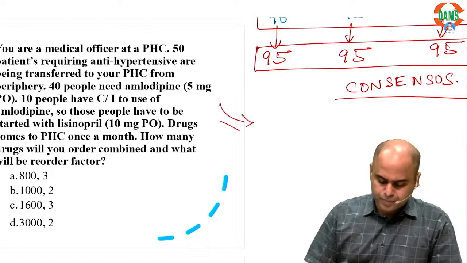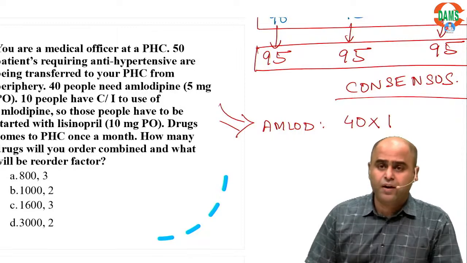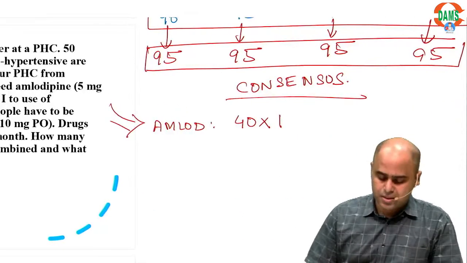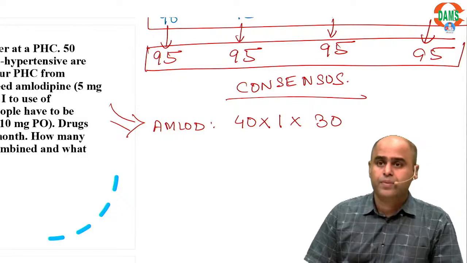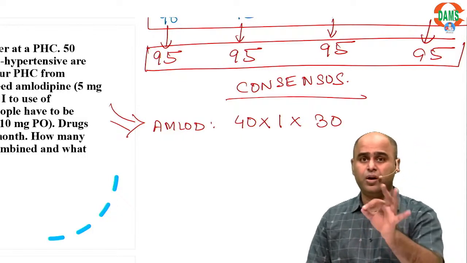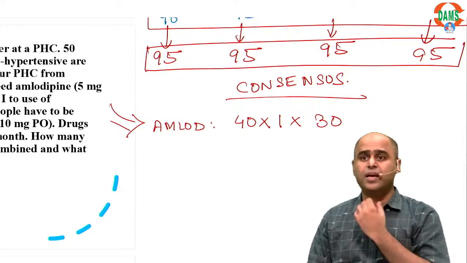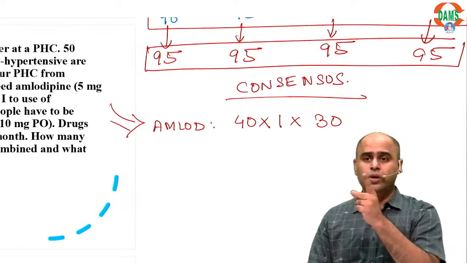So for amlodipine, I have 40 persons taking 1 tablet a day, into 30 days. Only Delphi's method is important as a communication topic for INICET, and that's the reason I was very clear on that one topic.